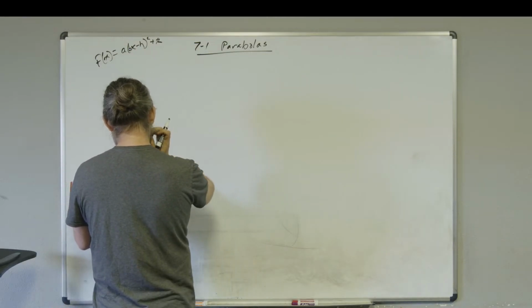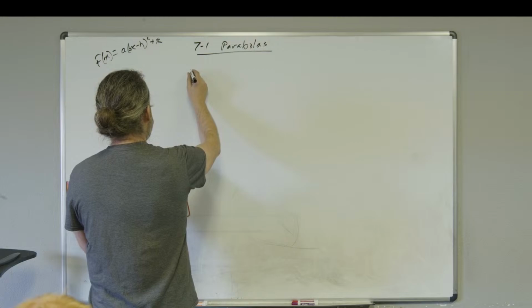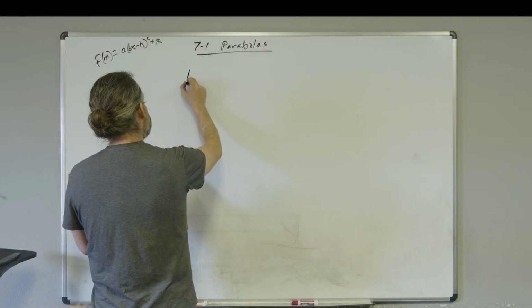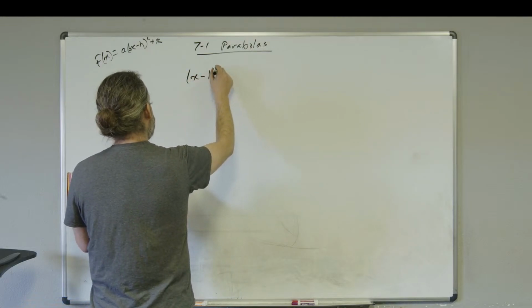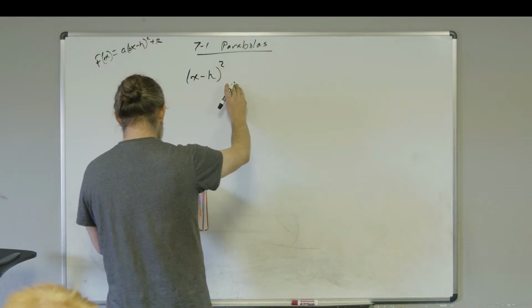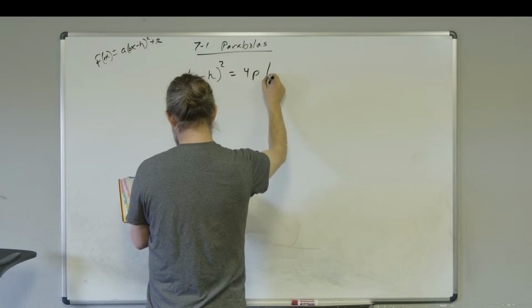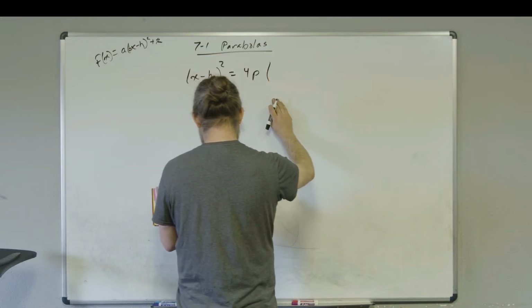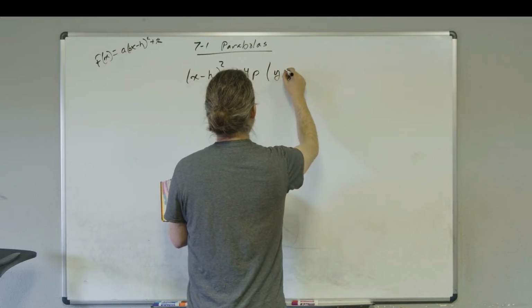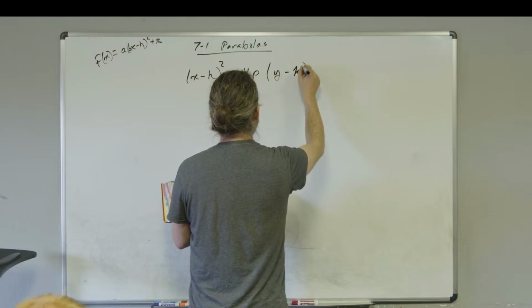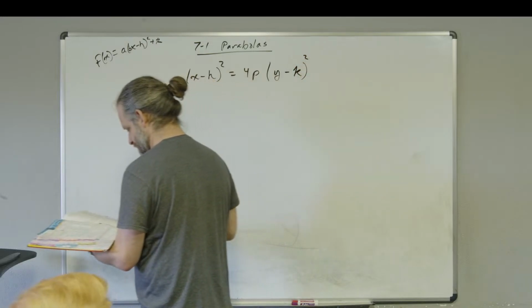All right, here are the 2 standard forms of a parabola. (x − h)² = 4p(y − k).